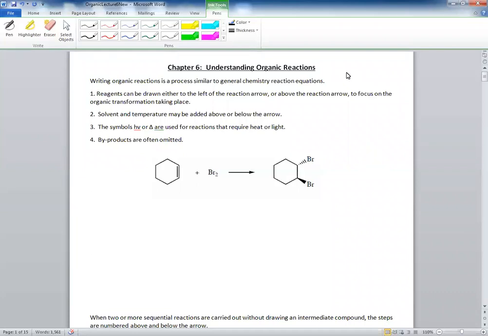We are no longer going to be satisfied with just the chemical equation like you learned in general chemistry, but we are now going to be interested in understanding those steps that occurred in between. Yes, there are reactions that occur in one step, but a lot of reactions occur in multiple steps. And this enables us to do tremendous things in terms of drug design and production.